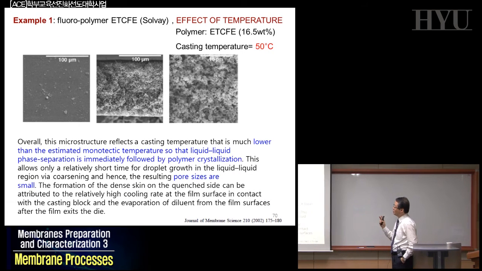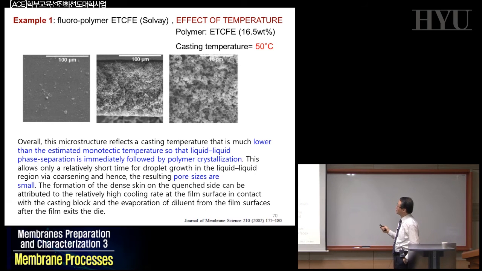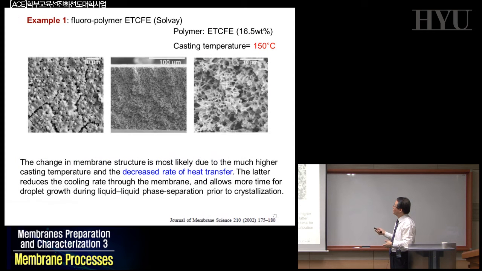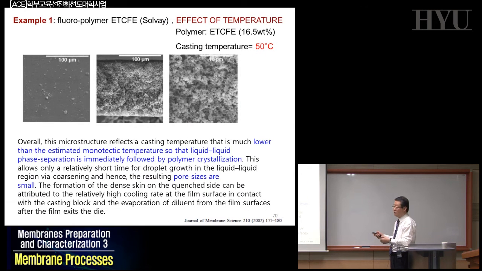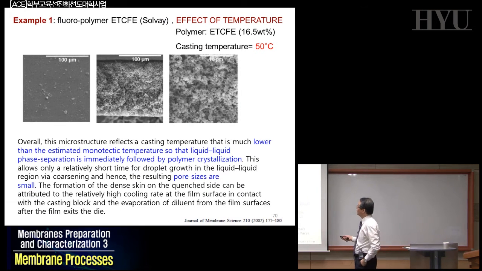Now we can see two pictures. First one is the effect of temperature. When you cast your membrane at a low temperature, lower than your cloud point, or close to your cloud point, it will make a different membrane morphology. And we can see what happened in this case.